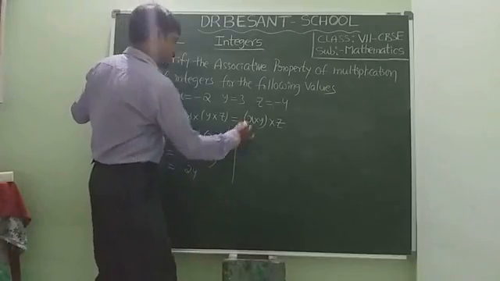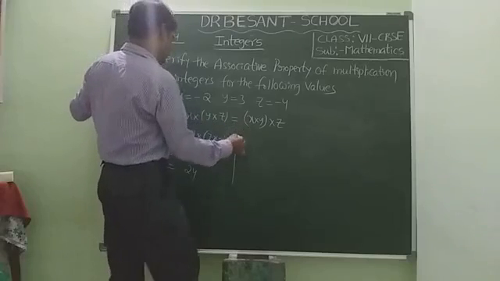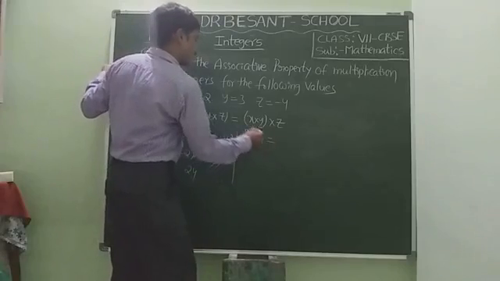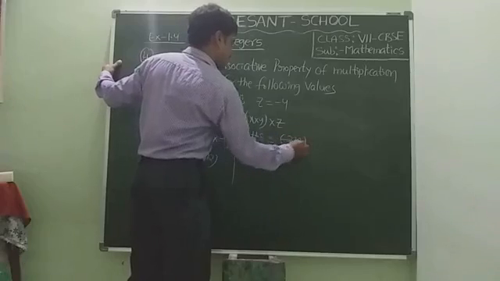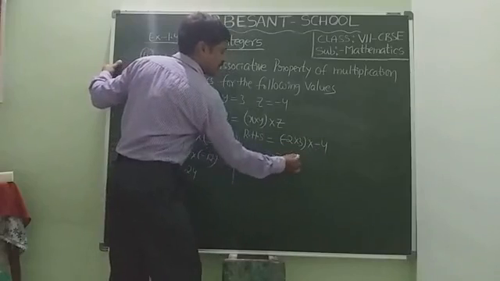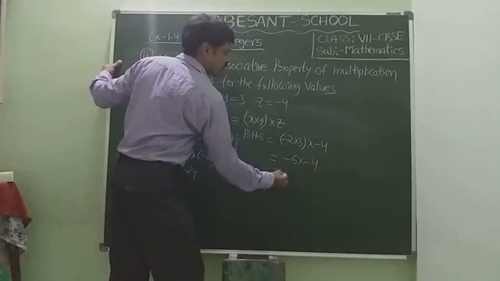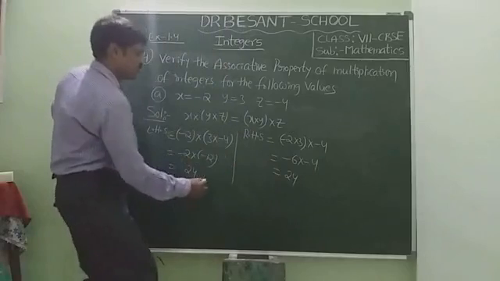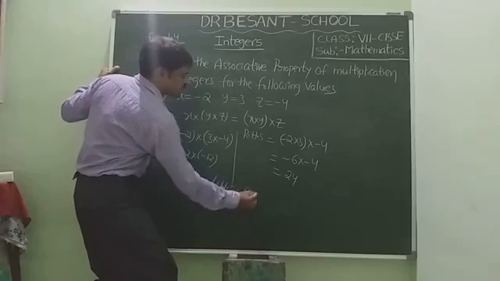Okay, next, x into y. RHS is equal to minus 2 into 3 into minus 4, minus 2 into 3, minus 2 3s are minus 6, into minus 4, that is equal to minus into minus plus 24. So LHS is equal to RHS.